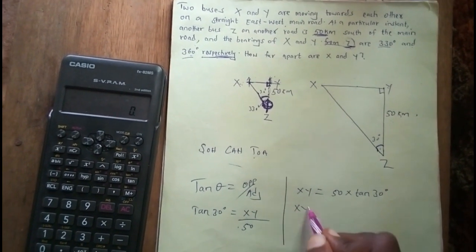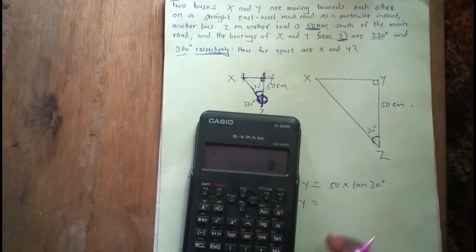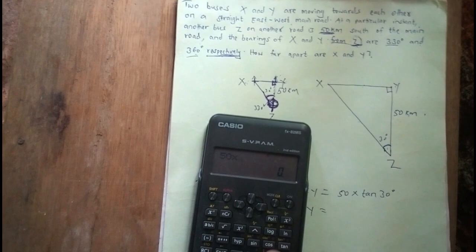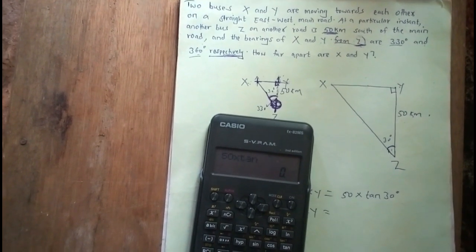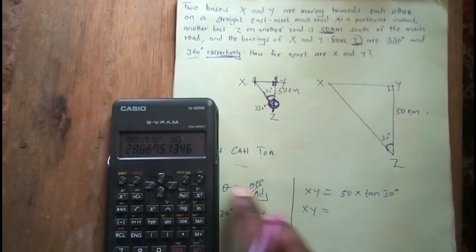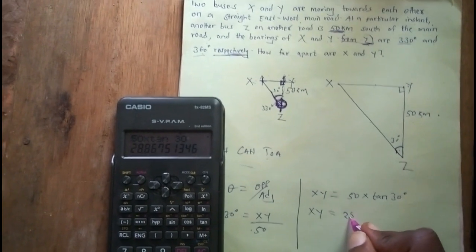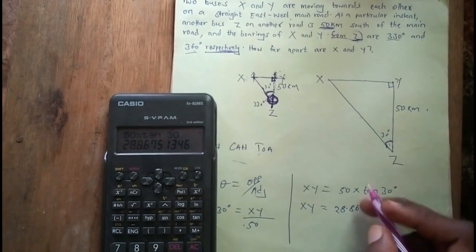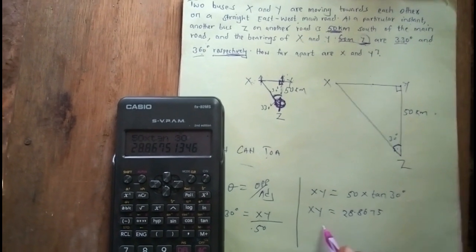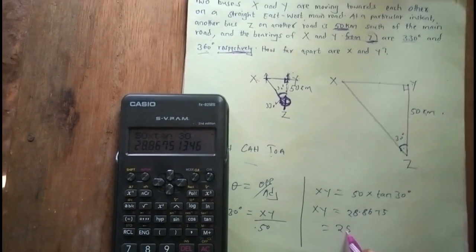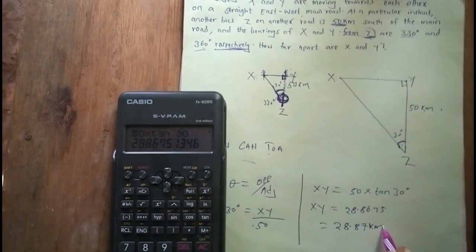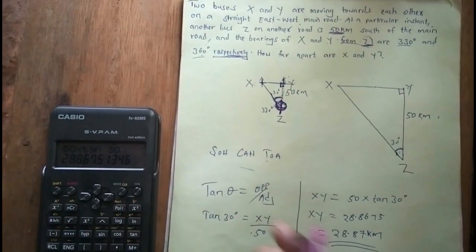So we can use our calculator. So that is 50 times tan 30 degrees. So we have 28.8675. So this is 28.87 kilometers, and that becomes your answer.